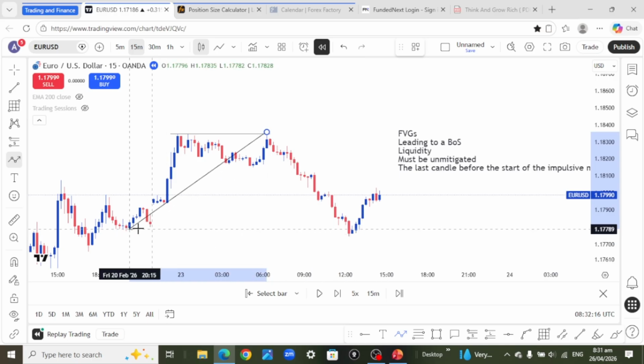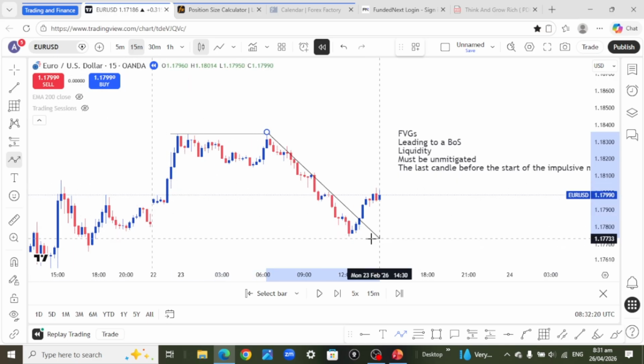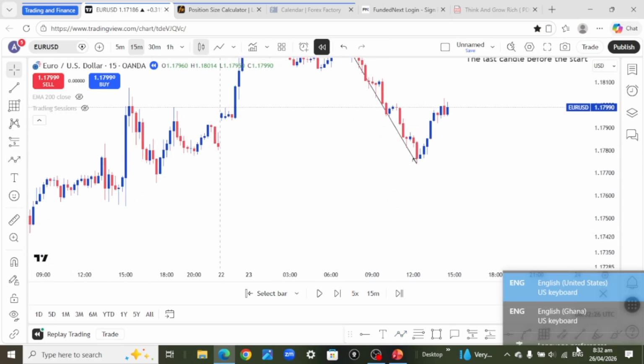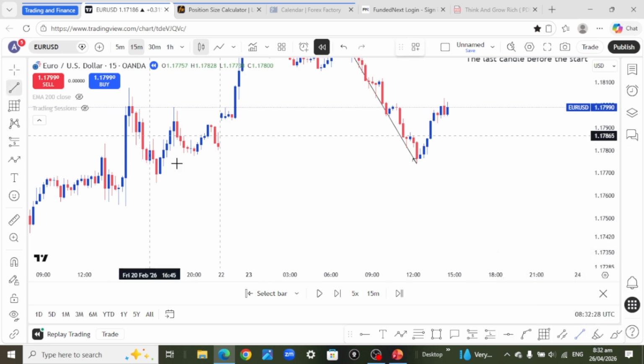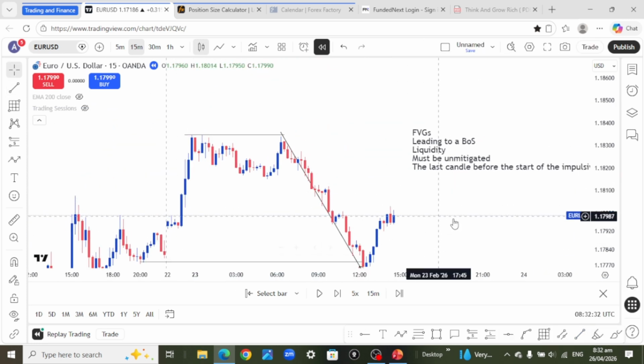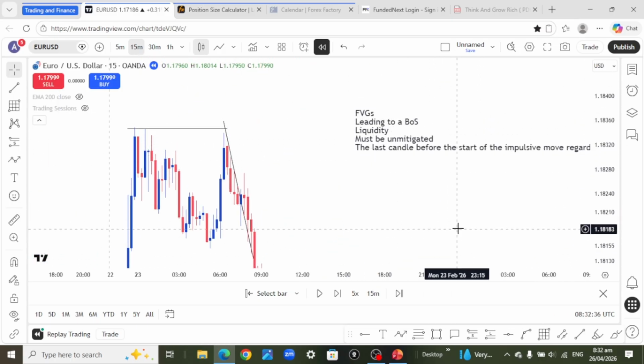The market took out this swing low, which led to the break of structure here. This swing low was taken out, which means we have broken structure, as you can see from here. So once we have broken structure, that's our first condition. It must lead to a break of structure.